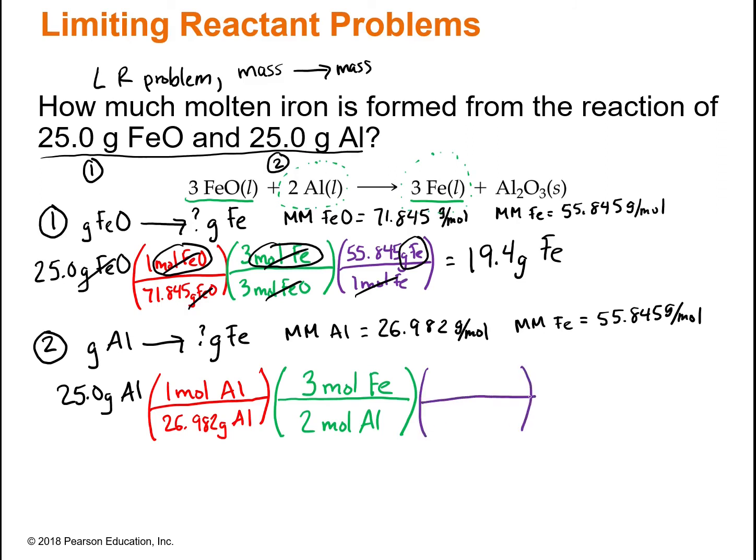This last piece where we're converting moles of iron to grams of iron is going to be exactly the same. Go through and do your unit analysis, making sure that you cancel one on the top and the bottom. If you've only got one on the top or one on the bottom, you can't cancel it out.